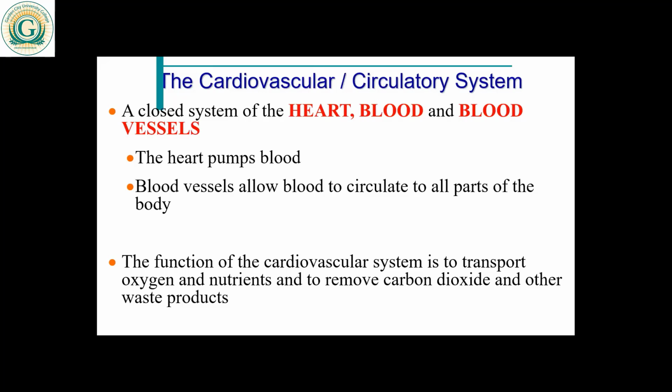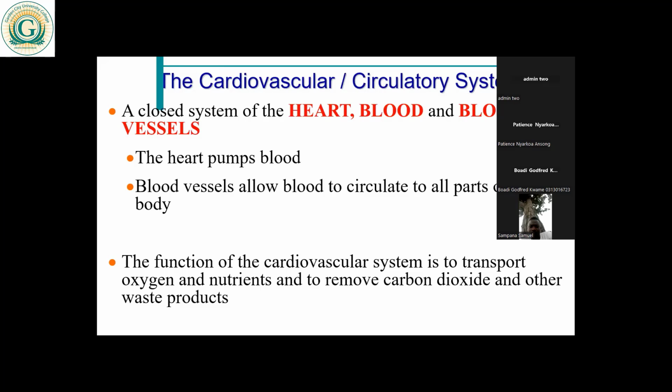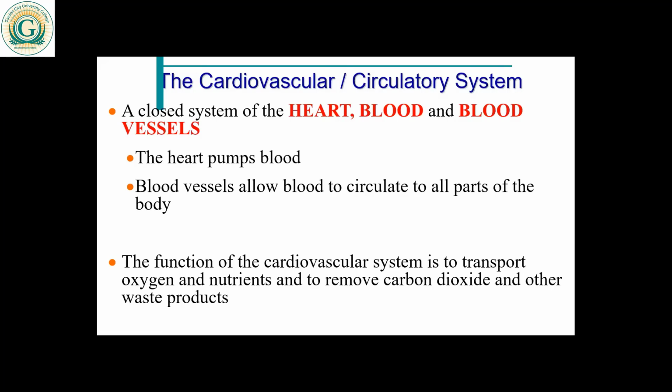There's no end of blood circulation at one point. Blood circulation is done, and then blood returns back to the heart. We are saying this system is made of the heart, the blood, and then the blood vessels. The heart functions to pump blood, and blood vessels will carry blood throughout all parts of the body.